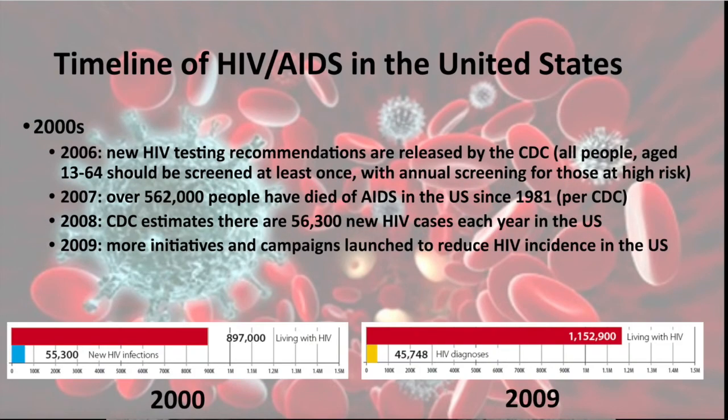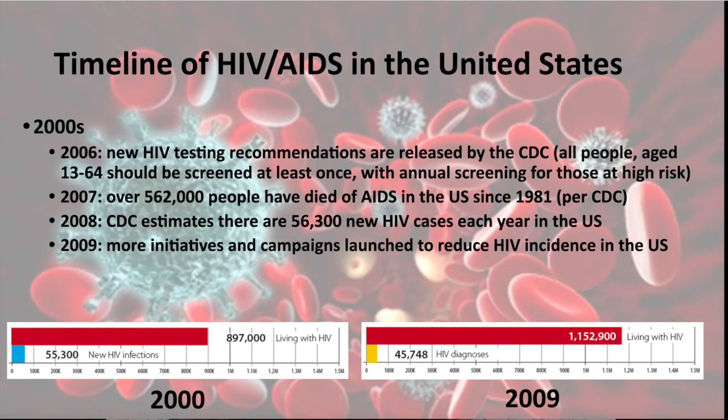And then in 2006, the new HIV testing recommendations are released by the CDC. All people, they were saying, ages 13 to 64 should be screened at least once, with annual screening for those at risk, because if you can identify someone as being HIV positive before they've had the chance to spread it to other people, knowingly or unknowingly, you can help cut those new infection rates.